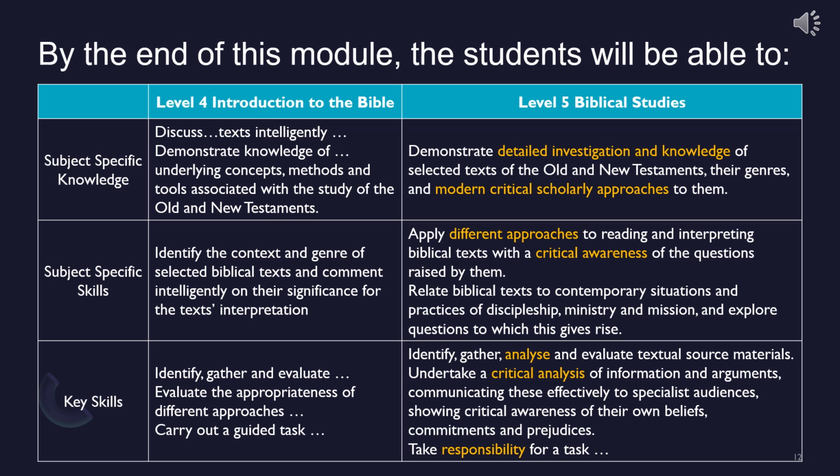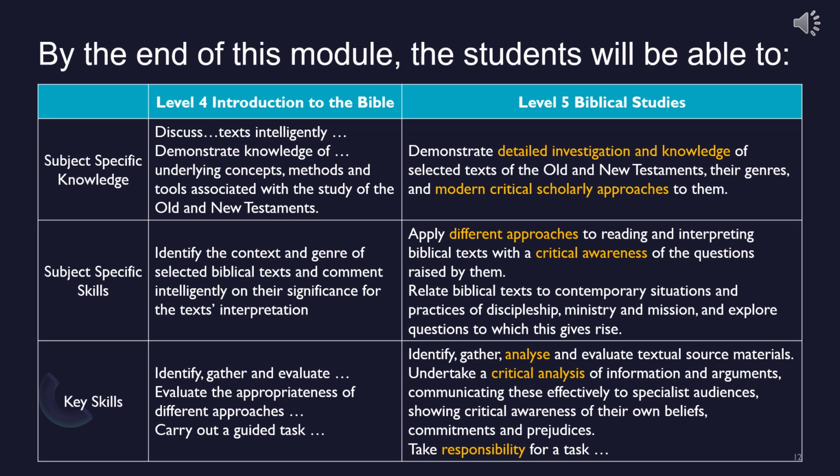Similarly, with the subject-specific skills, there is a focus on being aware of different approaches, showing that you can apply different approaches to reading and interpreting the texts, and that you have an awareness of the kinds of questions that are raised and the arguments, the beginnings of an awareness of the arguments that there are over different passages and what they might mean and the reasons that might lie behind that in forms of translation or something like that.